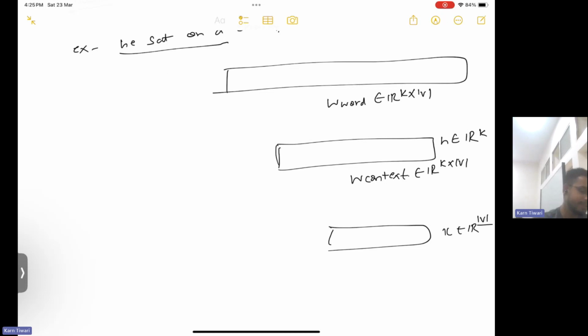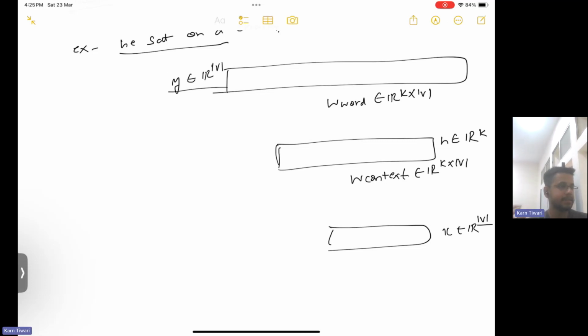If we look at this, the final vector we get, y, is in R to the power of V. So what is the product of W context and x? Given that x is a one-hot vector, it is just the ith column of the context matrix.